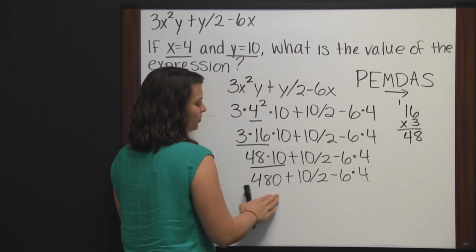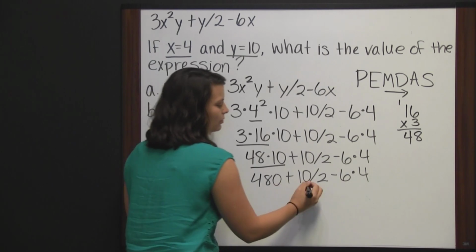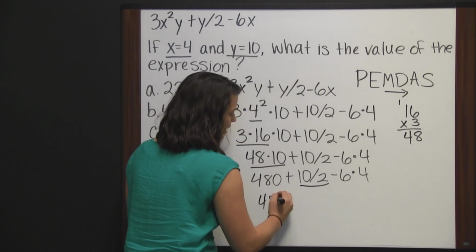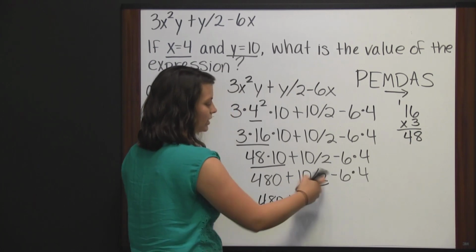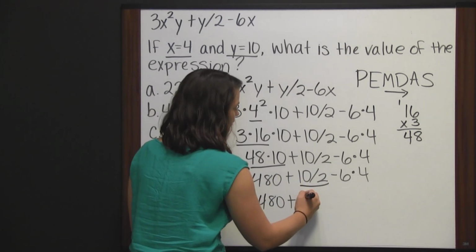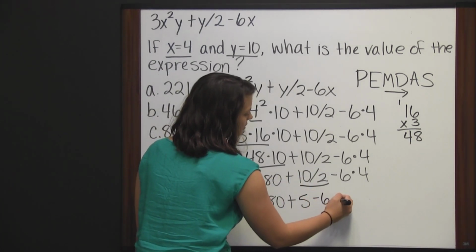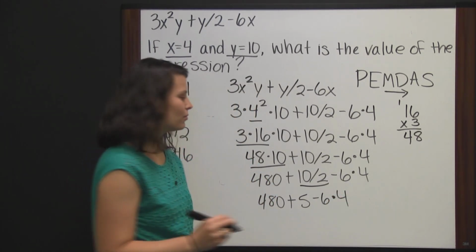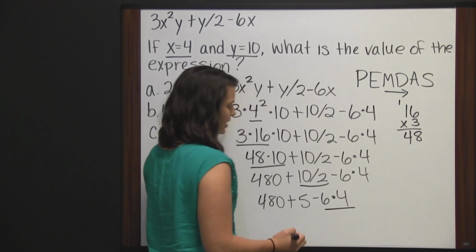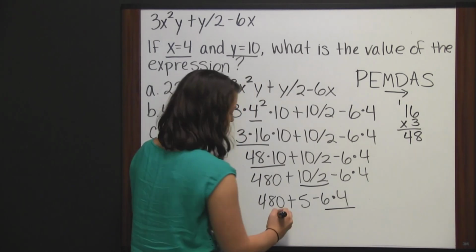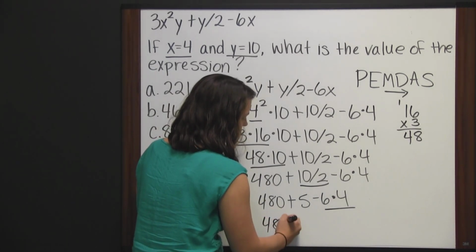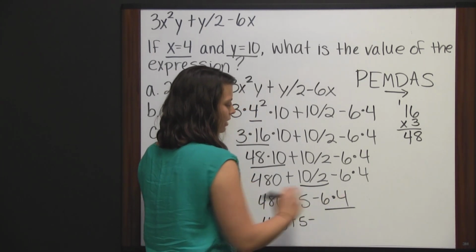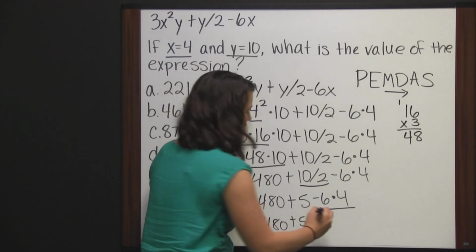We'll move past the 480 plus, and we'll move right on to division. 480 plus 10 divided by 2 is 5, minus 6 times 4. We have one more multiplication operation to take care of, 6 times 4. So we have 480 plus 5 minus 6 times 4, which is 24.